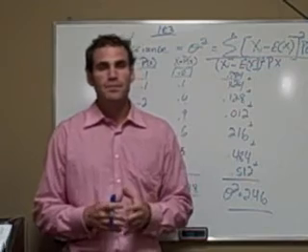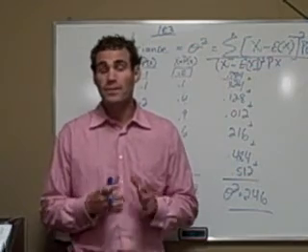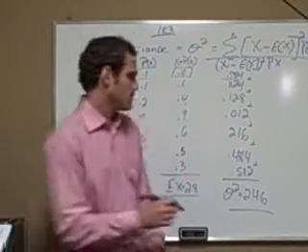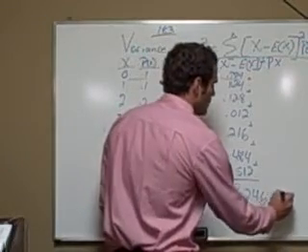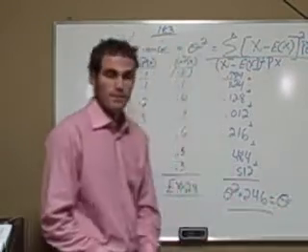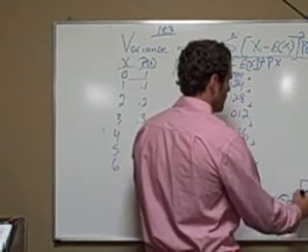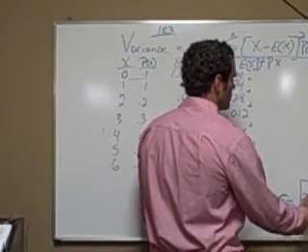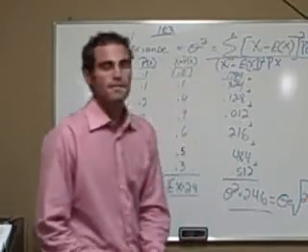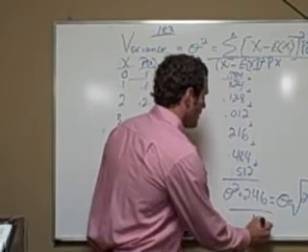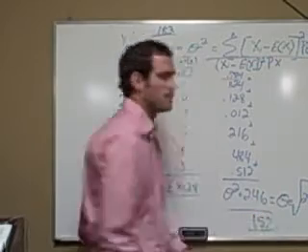The standard deviation is very simple to calculate once we have the variance, because the standard deviation, which is listed as sigma, is just the square root of the variance, 2.46. Or in this case, 1.57.